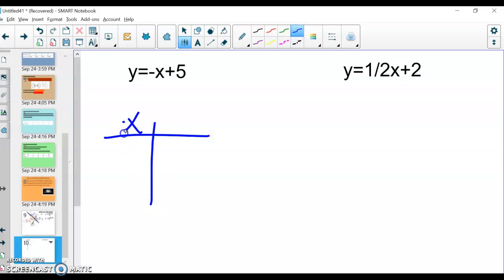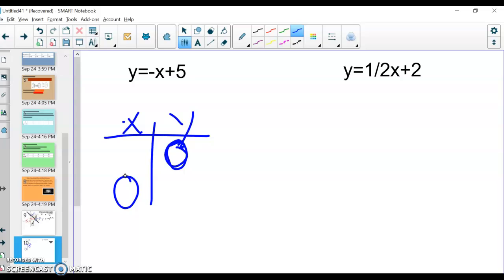So I still make my x-y table. However, I'm going to use the x-intercept and the y-intercept, okay? Now remember back here I said the x-intercept has a y of 0, and the y-intercept has an x of 0. So this is how your table is going to start.